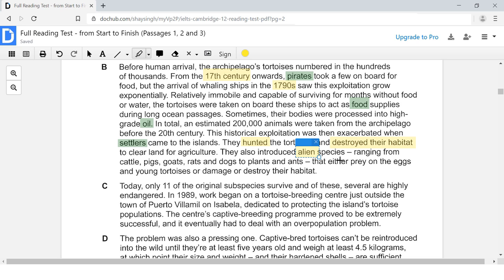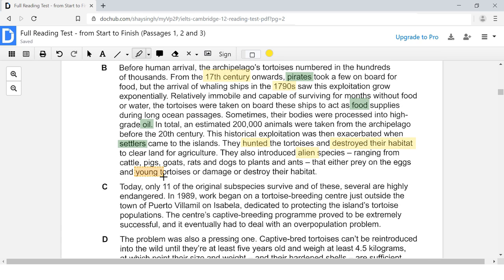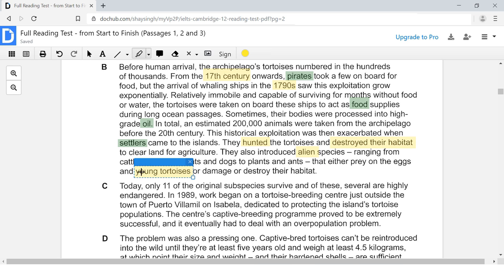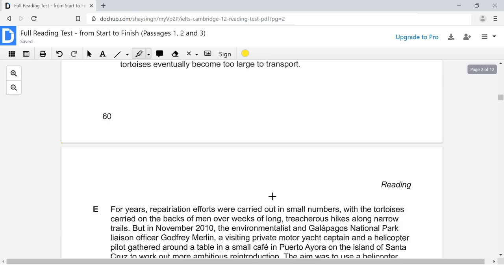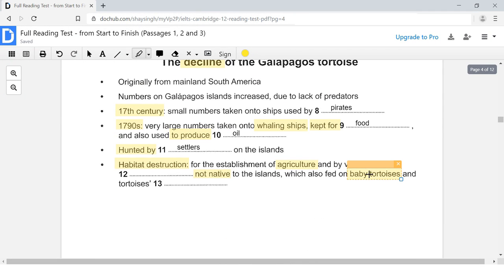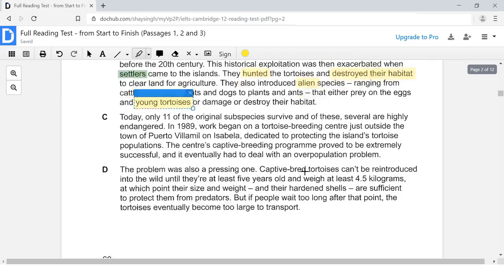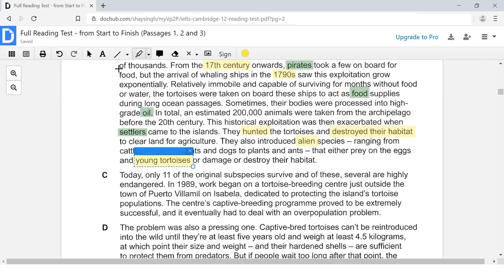So alien species were introduced ranging from cattle, pigs, goats, rats, and dogs to plants and ants that either prey on the eggs and young tortoises. Okay, young is synonym language for babies, right? Young tortoises, baby tortoises. Remember, we saw that down here, it talked about baby tortoises. That is synonym language. Or damage or destroy their habitat.